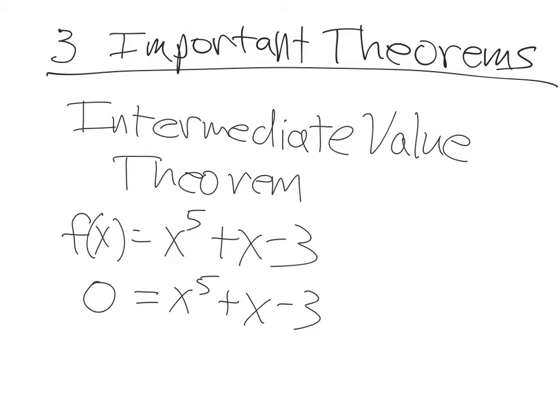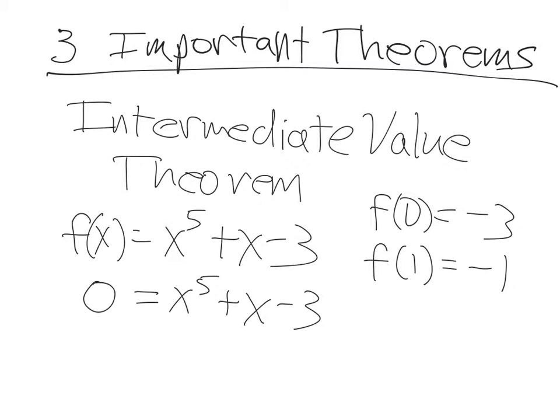With this, we pretty much just need to start guessing some of the function values. F of 0 would be what? -3. Okay. F of 1 would be what? Okay, -1.